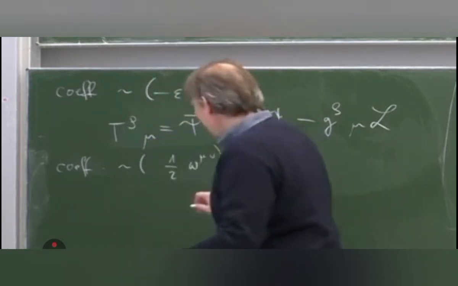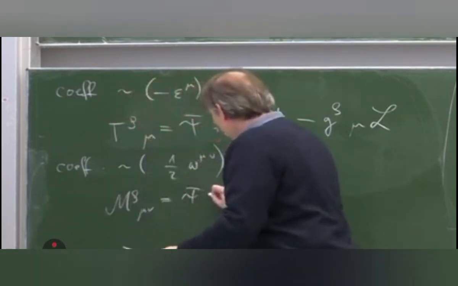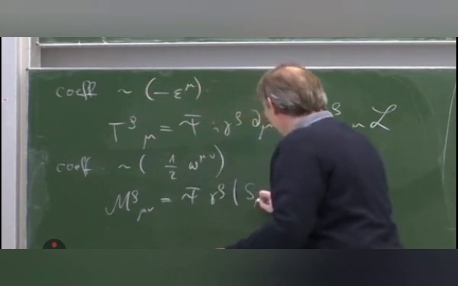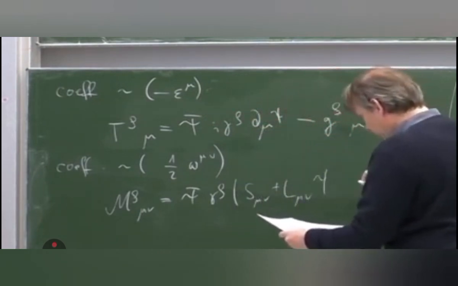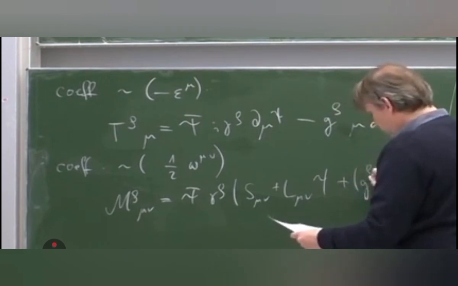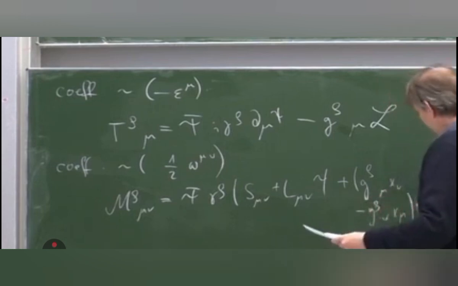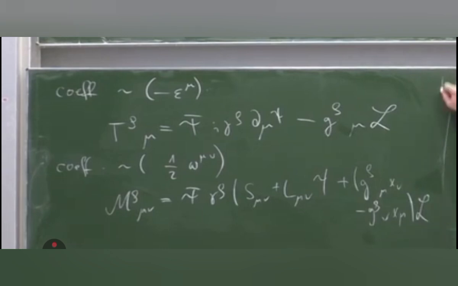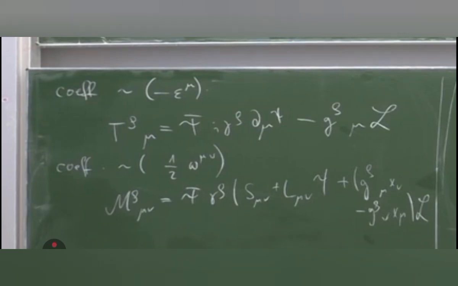That gives us a current M rho mu nu equal to psi bar gamma rho S mu nu plus L mu nu psi, plus G rho mu x nu minus G rho nu x mu times L. This is literally copied from our exercise yesterday, but of course you can derive it once again in the same way as we did it yesterday by going through the standard steps and simply expanding the field and plugging into the Noether formula, and then we obtain these results.